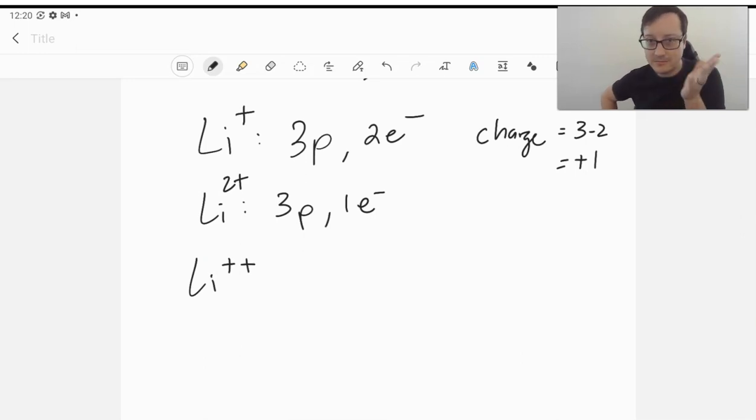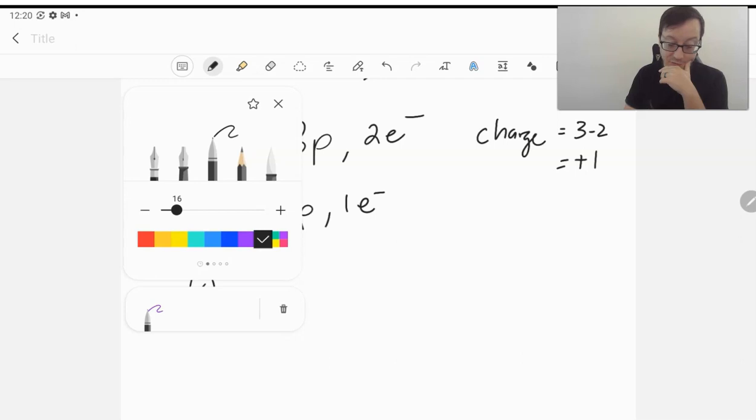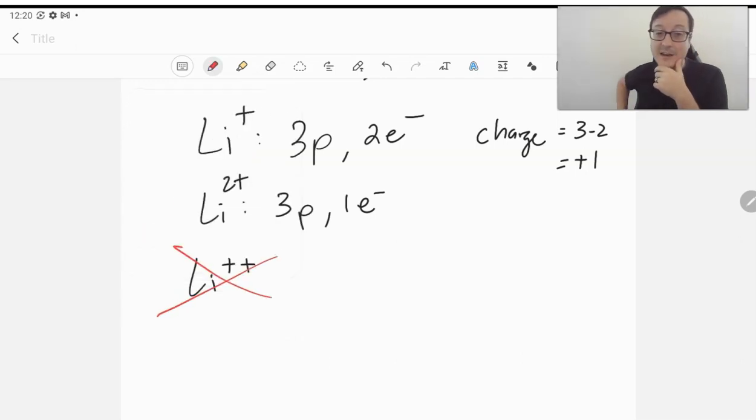Again, it doesn't exist, but if it were to, that's how you would do it. Or you might see it in biology, like calcium, which normally forms a 2+ ion. Biologists sometimes write Ca++, and that's a no-no for chemistry. So just be aware of that. The conventions are important here.